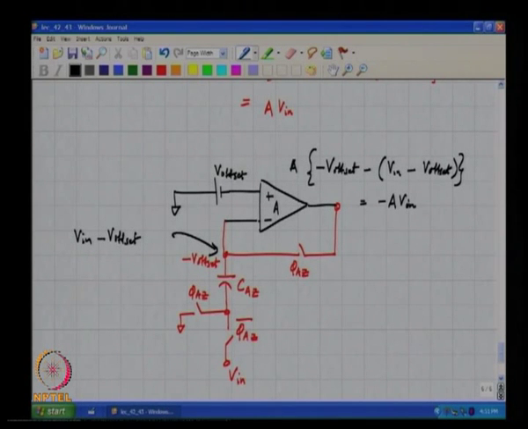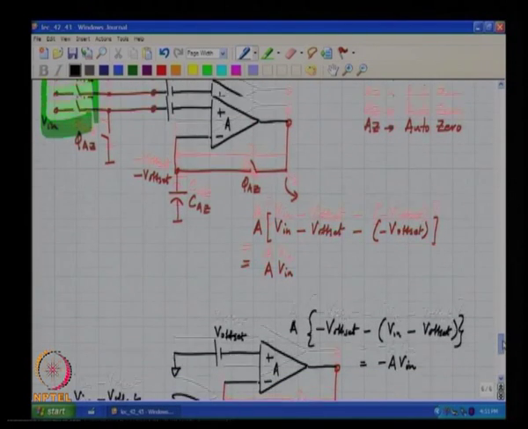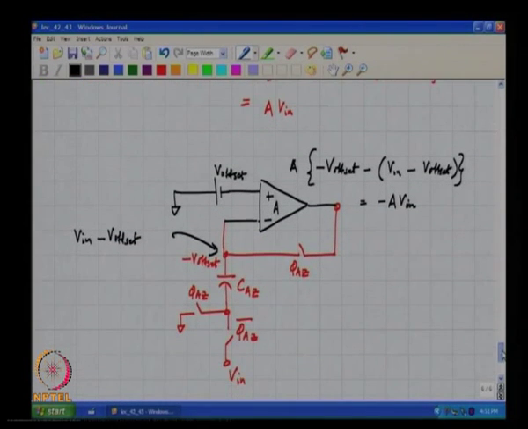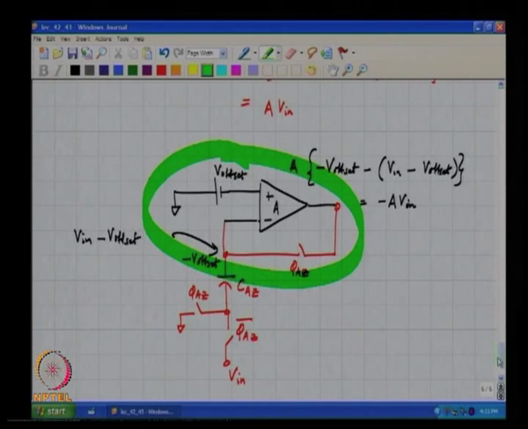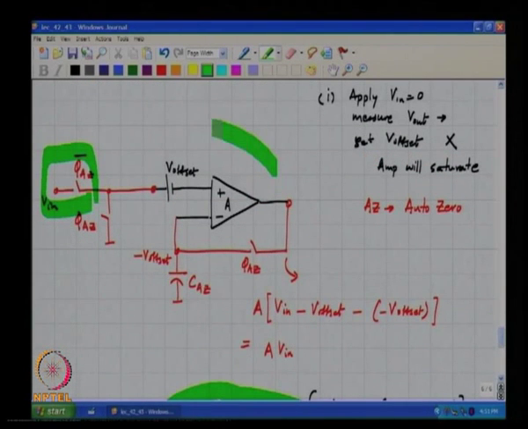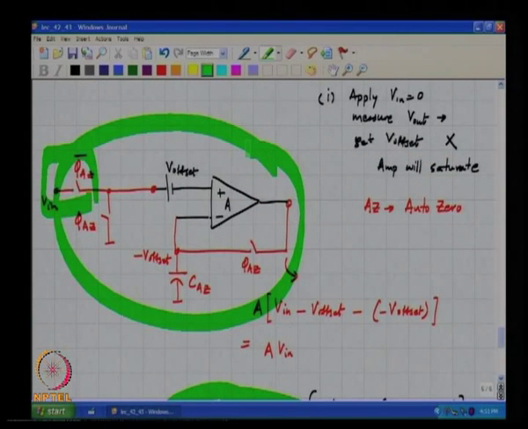Okay. So, one obvious question that comes is, why would I want to do this? Is there any special reason for doing this rather than this? Any thoughts?